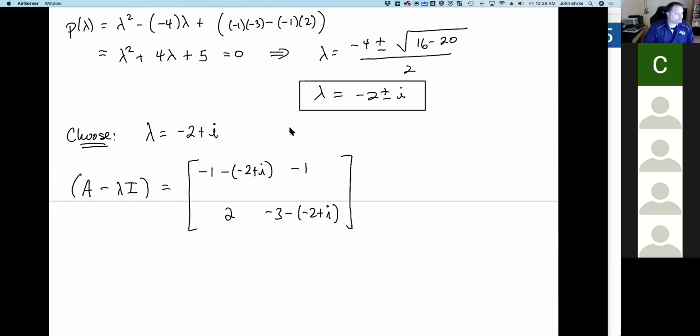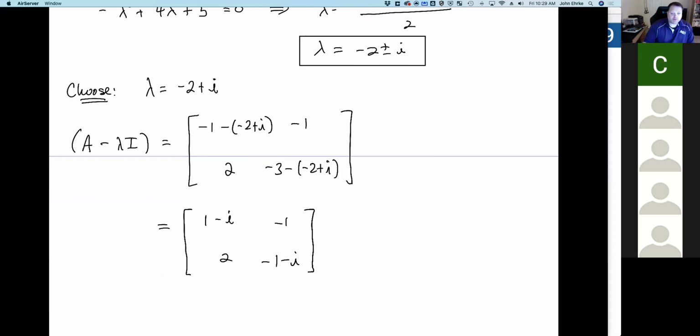I just need one. So this will simplify, and in its simplified form, we have 1 minus i, and -1 minus i. So this is our matrix A minus lambda I.